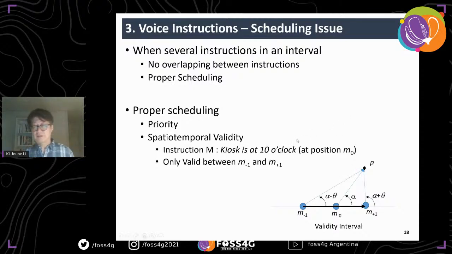Spatiotemporal validity is, for example, if you are here, then you may give an instruction like "kiosk is at 10 o'clock," but the user is moving ahead, so the instruction is at some point no longer valid. That means for any instruction, there is a spatiotemporal validity. So we have to consider this for proper scheduling.